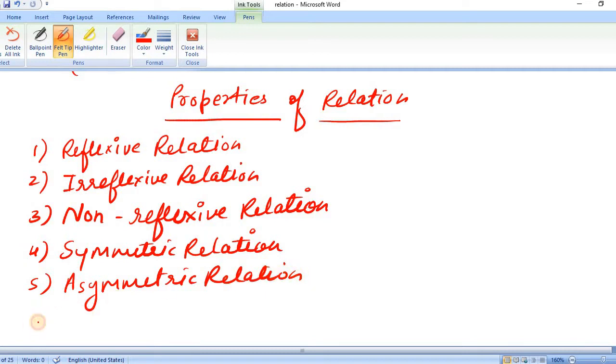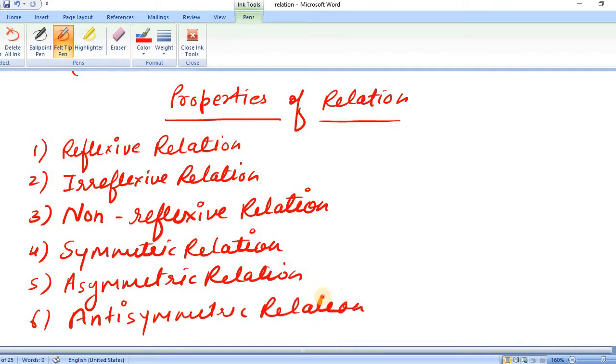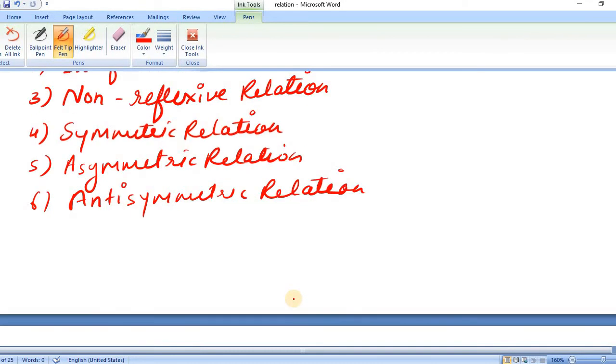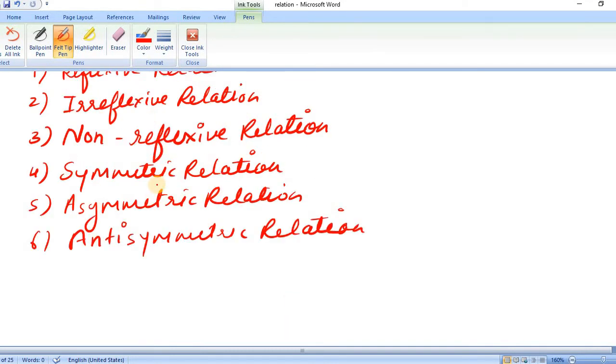And we have on the sixth place anti-symmetric relation. So this is the second group, and the last one we have transitive relation.